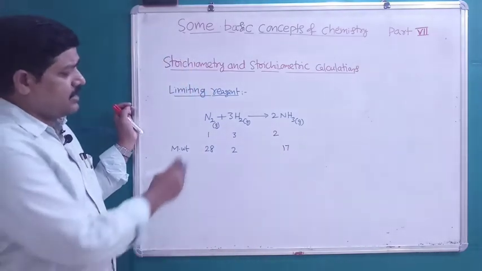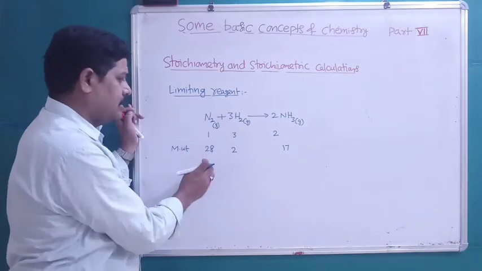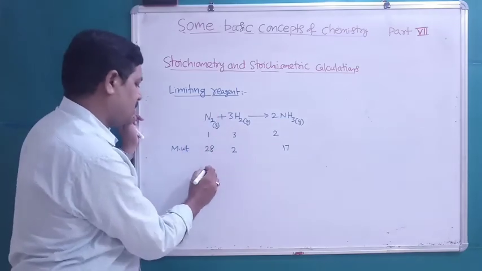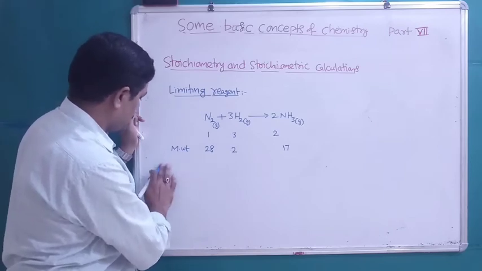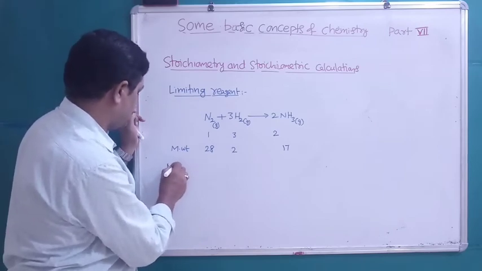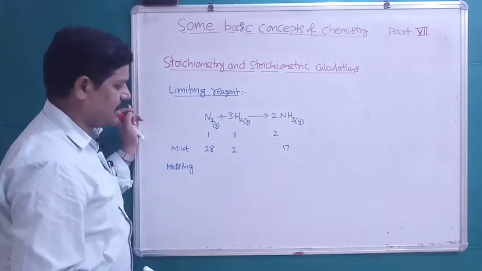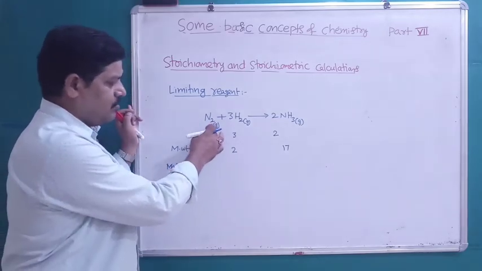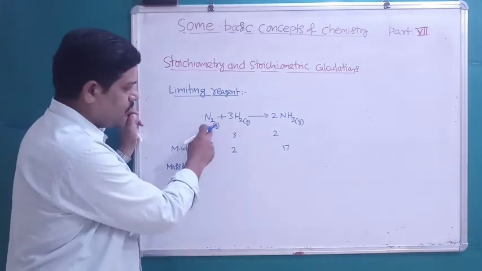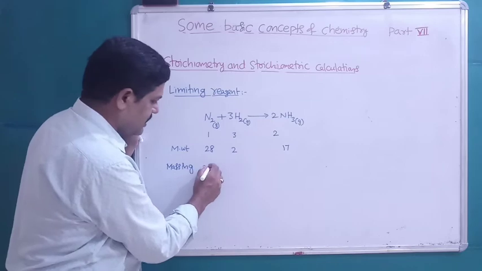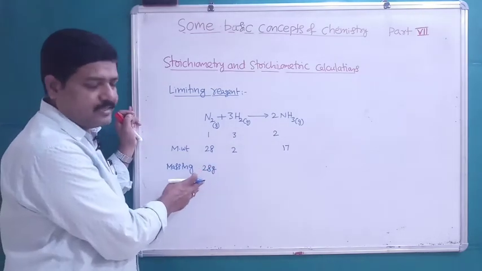When we take the weight of 1 mole of N2, that is 1 into 28, we can call it the mass in grams. For the balanced equation, 1 mole of N2 means 28 grams, which is also called the gram molecular weight.